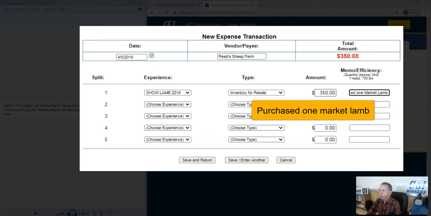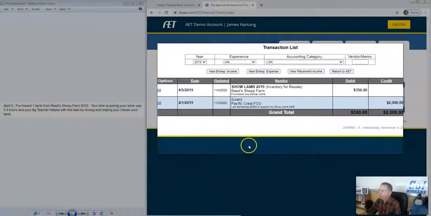Purchased one market lamb. Save and return.